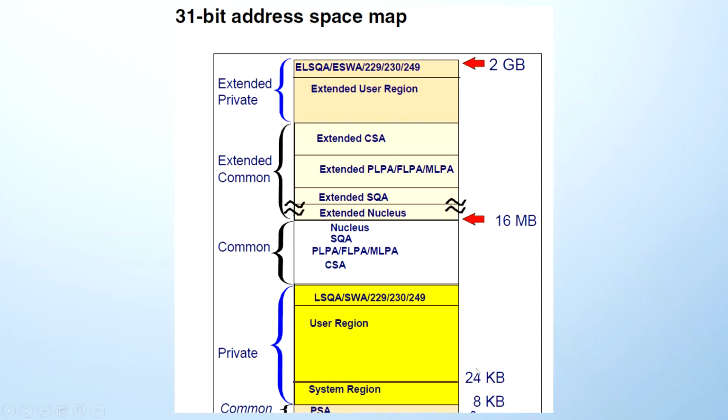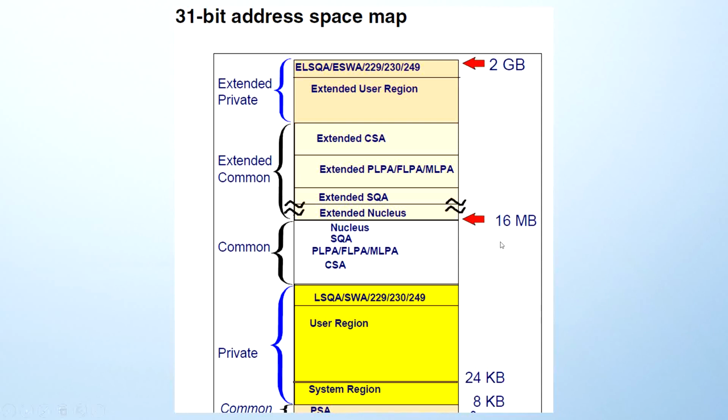Here he is trying to show you the different ways an address space is made up. There are a few things which are common, shared across all the address spaces created on the z/OS subsystem, and the things you see as private are specific to that particular address space and that particular user or subsystem.